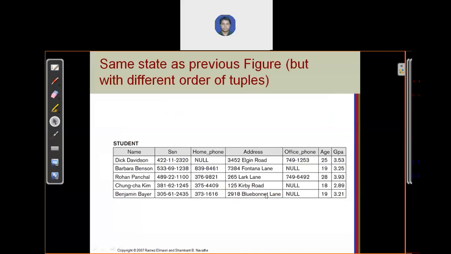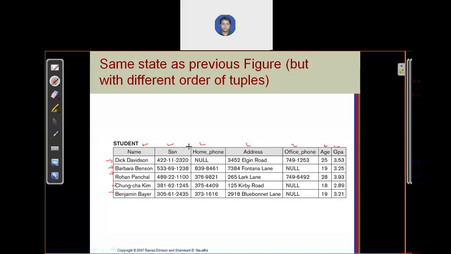This is the same table we have seen before, but here we have just changed the order of students. It is the same value and same meaning. In this table we have just changed the order of records, but it has the same meaning. But we cannot change the order of the list of attributes. I have not changed the order of attributes, I've just changed the order of records.